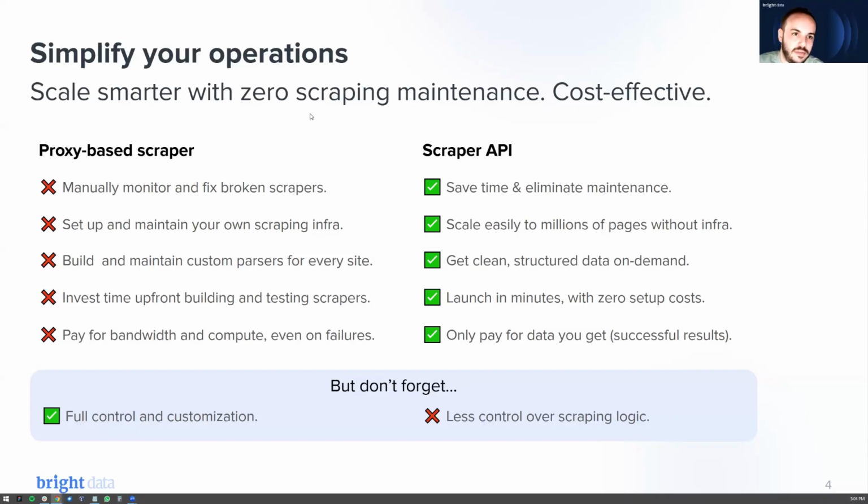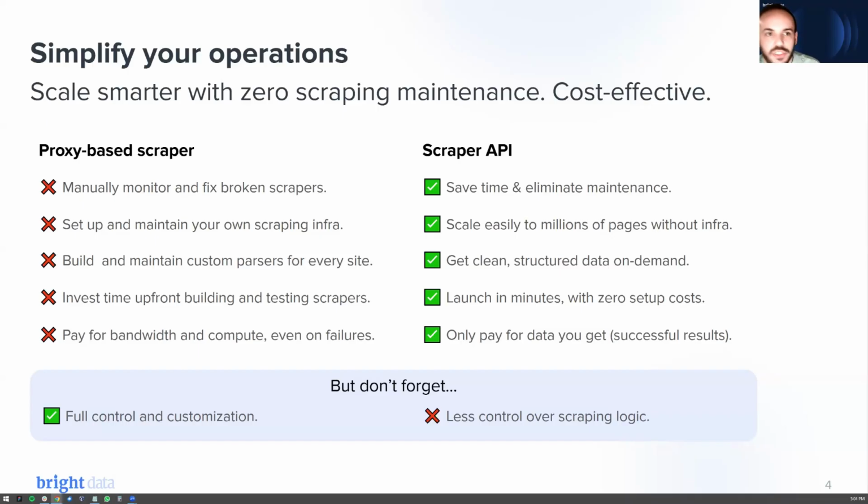Maintenance is needed for proxies and for maintaining the scraper and parser codes. Supporting new domains can end up being a lot of work when we use a proxy-based scraper, because you need to maintain everything all the time.